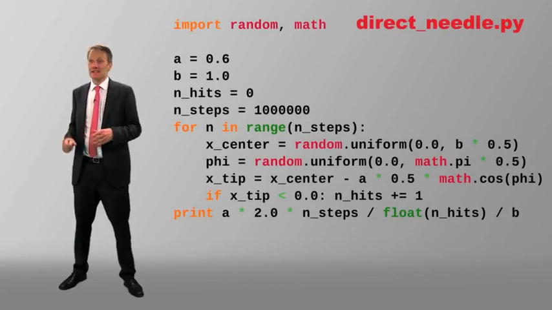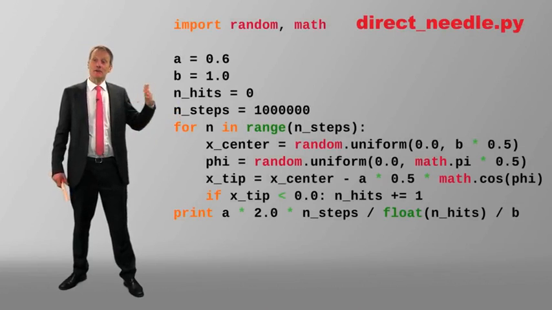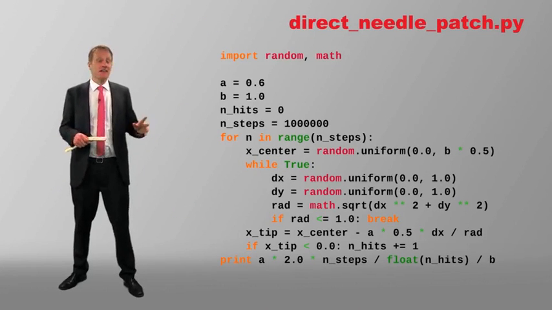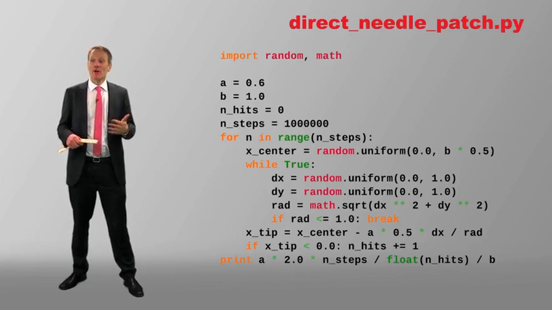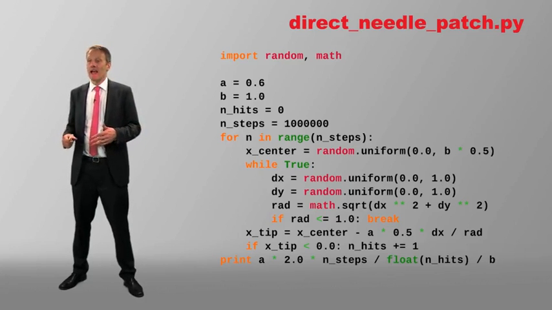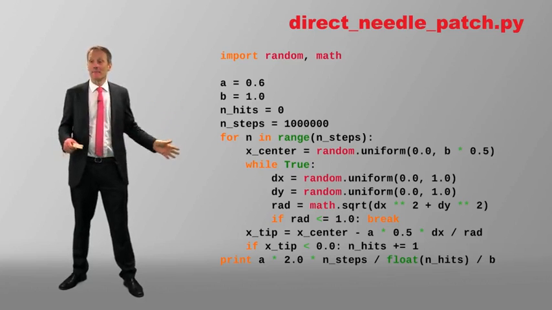So before continuing, please take a moment to download, run and modify the two programs that we discussed in this section. There is directneedle.py that does the original experiment, and directneedlepatch.py that takes inspiration from the Monaco games to avoid computing sines and cosines, and uses the input of pi to compute pi.